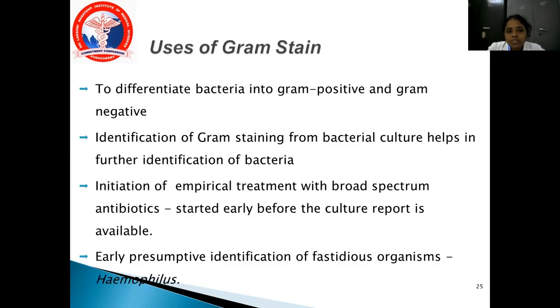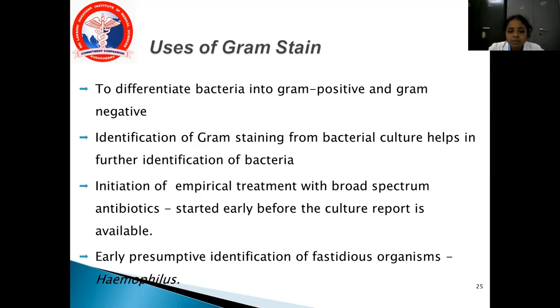And the uses of gram staining: to differentiate bacteria into gram positive and gram negative, which is a thing we saw in the previous slide itself. It is a differential stain. Identification of gram staining from bacterial culture helps in further identification of bacteria. It initiates empirical treatment with broad spectrum antibiotics, started early before the culture report is available.